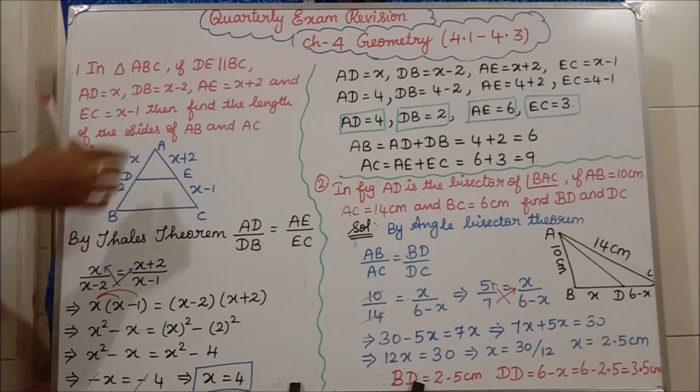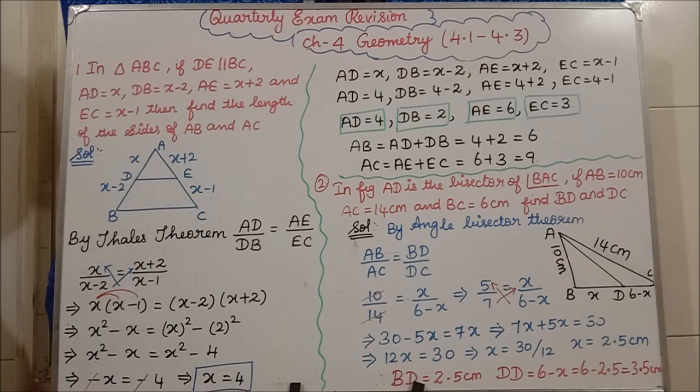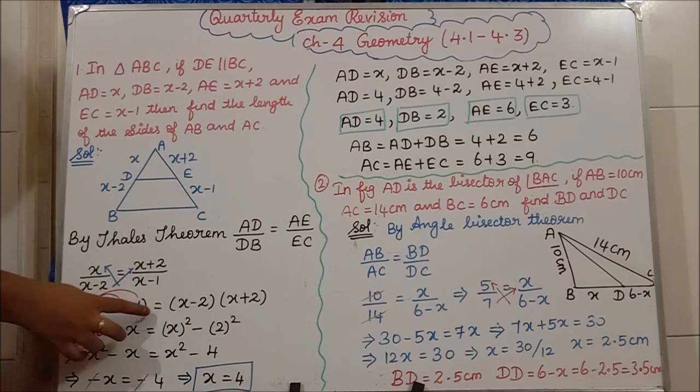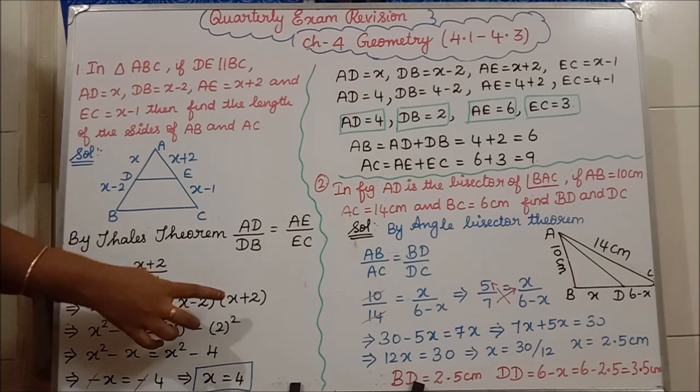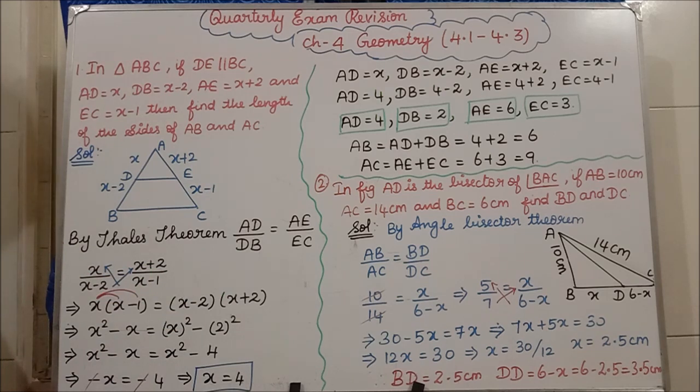We have to find AB and AC values, isn't it? First for that we have to know the x value. So first we will find the x value. For that I am doing the cross multiplication. x into x minus 1 equals x minus 2 into x plus 2. Now take this x: x into x is x square, x into 1 is x.